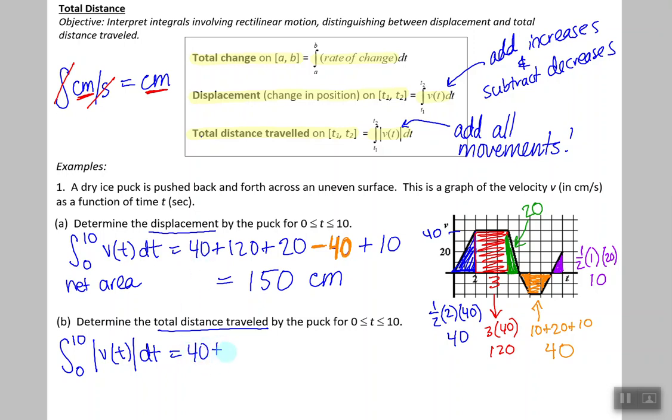So 40 plus 120 plus 20 plus 40 plus 10, and that gives us a simplified value of 230 centimeters. Still centimeters because we're still integrating a rate of change.